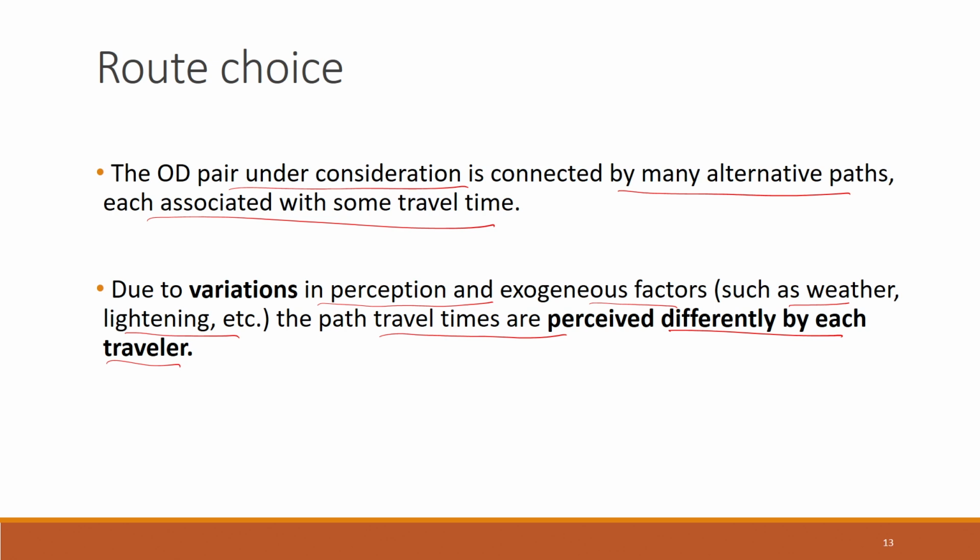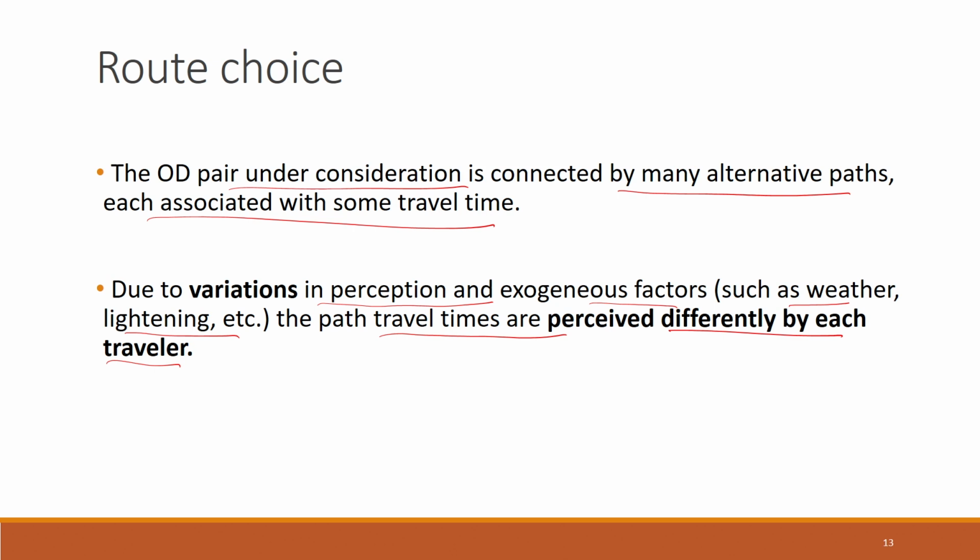For example, if there is a population of people who want to go from the same place A to place B, not everyone might perceive exactly the same travel time for every path. Suppose there are two paths connecting place A to place B, path 1 and path 2. The first individual might think path 1 has a travel time of say 10 units, but path 2 has a travel time of 20 units, so he will choose path 1.